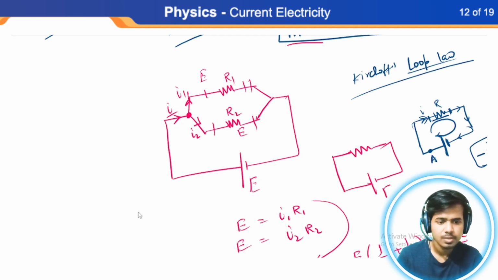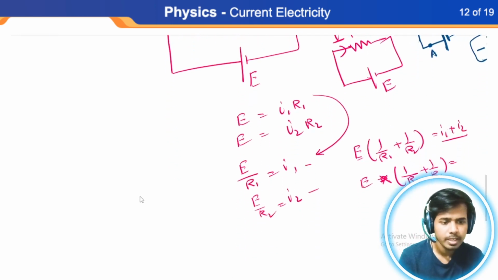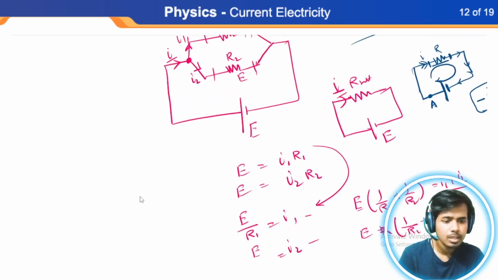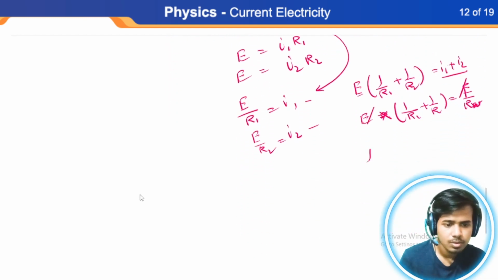I'm comparing this with the simple circuit in which this is the I and this is the R net. So I is equal to simply E by R net, right? E gets cancelled out and you're left with 1 by R net is equal to 1 by R1 plus 1 by R2.